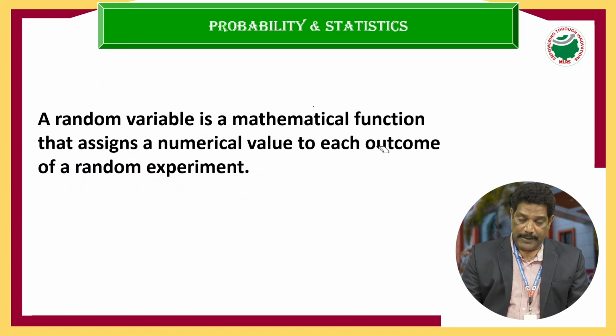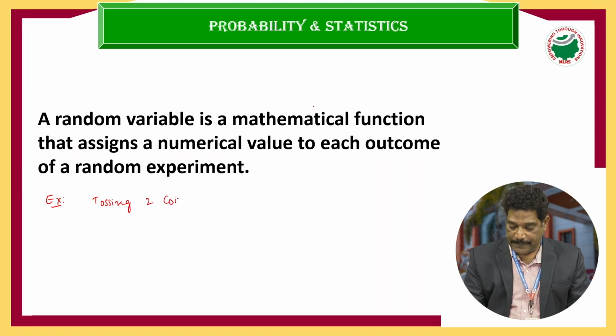Generally, for example, here I am going to explain to you. Example: if you are tossing two coins, on tossing two coins, what will we get? We will get the sample space.